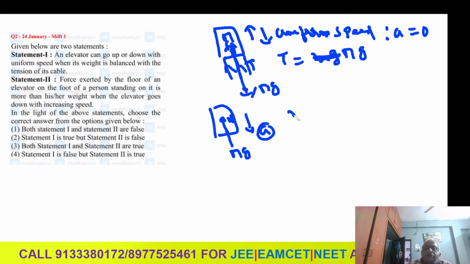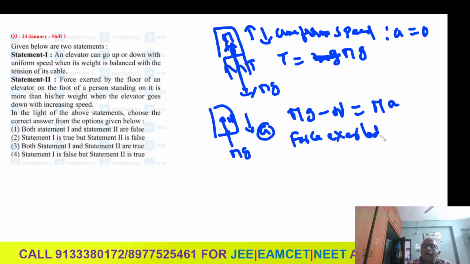So you write mg minus normal reaction is equal to ma. Force exerted by the floor is the normal reaction.